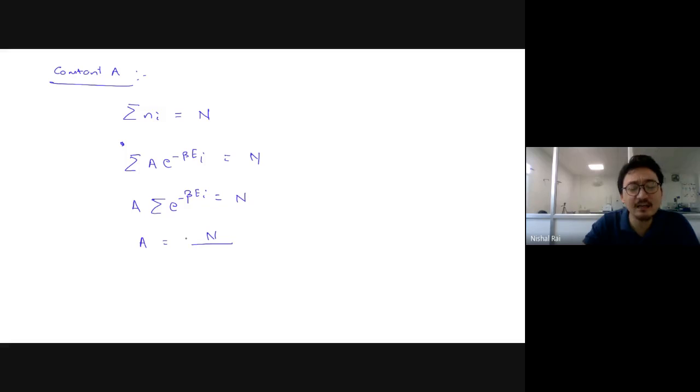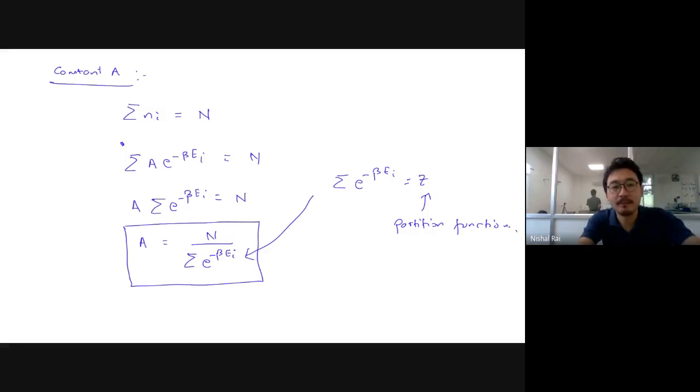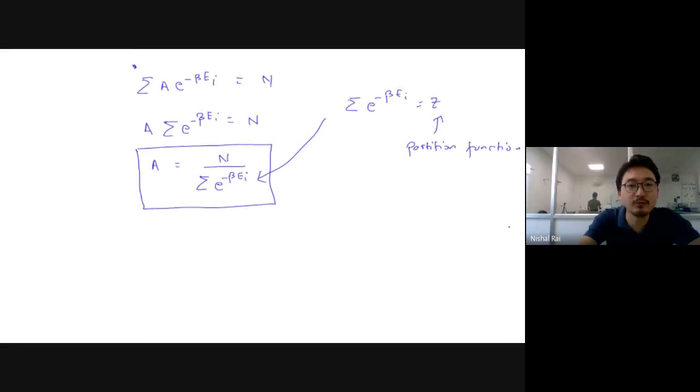This is exactly a normalizing condition. Do you all see? A is basically N divided by whatever is sitting at the bottom, which is the summation of e to the power negative beta ei, written as Z, which is called the partition function. Partition function. Is it clear? So basically this is what your A looks like.